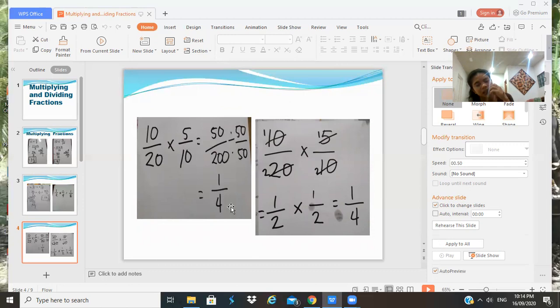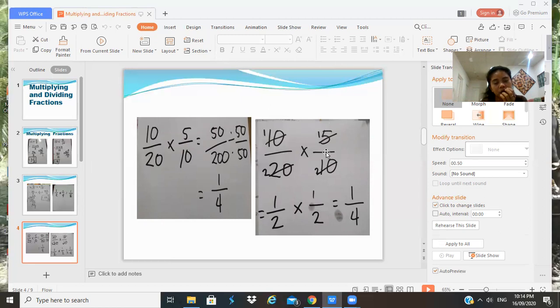So we have another way. If the fractions can already be simplified or reduced, we can simplify them first. Like 10 and 20. 10 and 20 can both be divided by 10. So 10 divided by 10 is 1, and 20 divided by 10 is 2. That leaves 1 and 2.